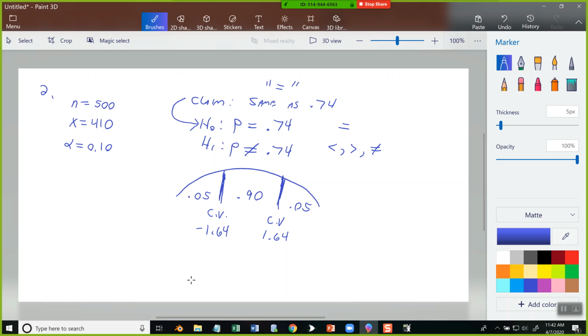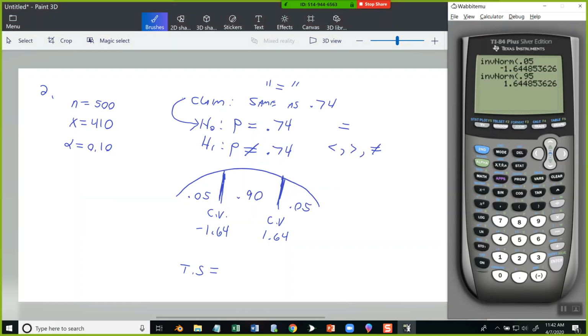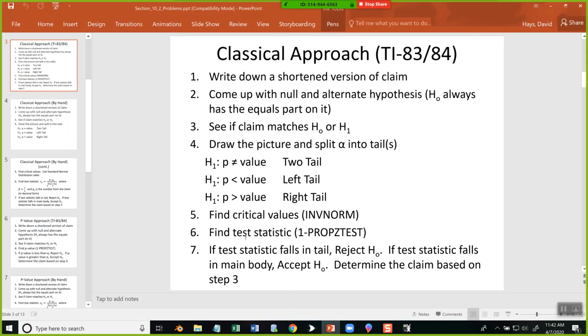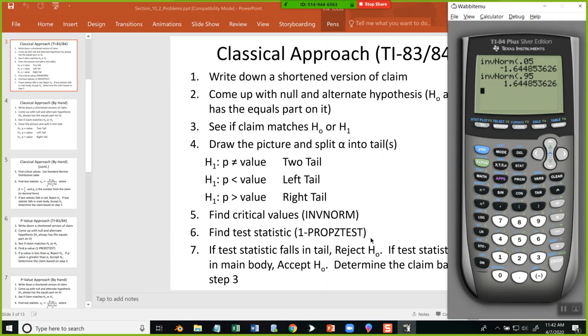Now we want to find our test statistic. In step 6, find the test statistic, it tells us to use the 1-PropZTest.